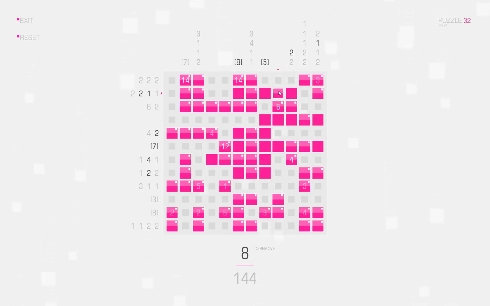So let's try it. This and this. Now we have our 2 group. Now we have our 1 here. And this is a part of the 2 group. It could be here. It cannot be there, then it goes there then. Anyways, if it's this one, we have 1, 2, 3, 4, 5. We cannot take this one. We can go there, and we can go there. We can't go there, and we can't go there. So we have many possibilities.